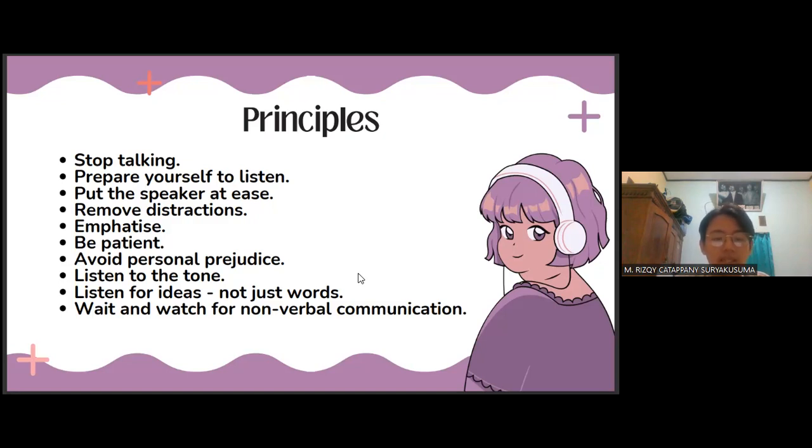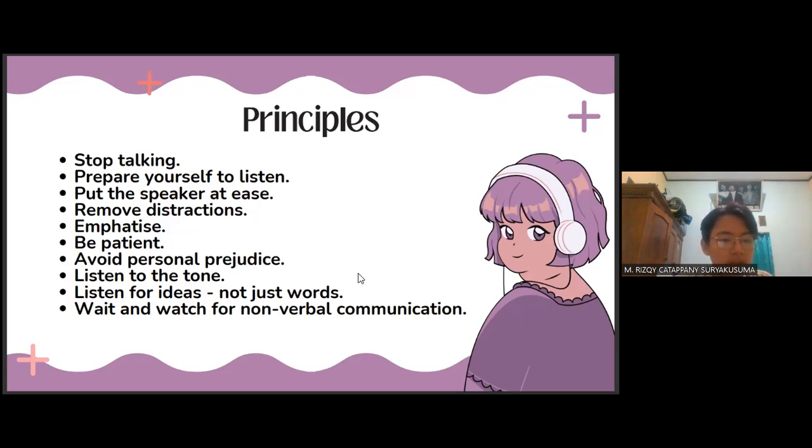Number 5 is empathize. We have to empathize so that we can understand and comprehend the material that was given by the lecturer, and we can also understand really deeply about the material that was given.